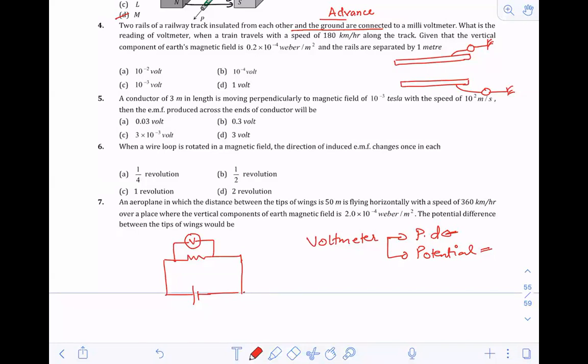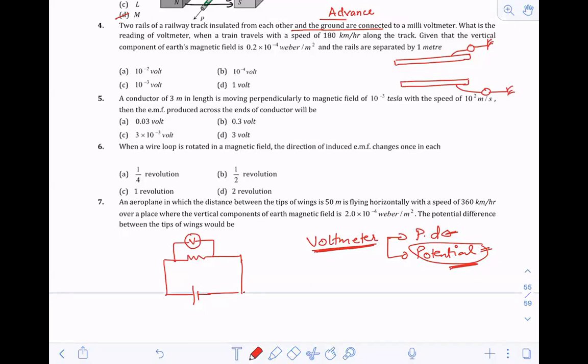But can you make this voltmeter measure potential or not? If it gives me potential difference, can I make it measure potential? If yes, how? If no, then that's okay.